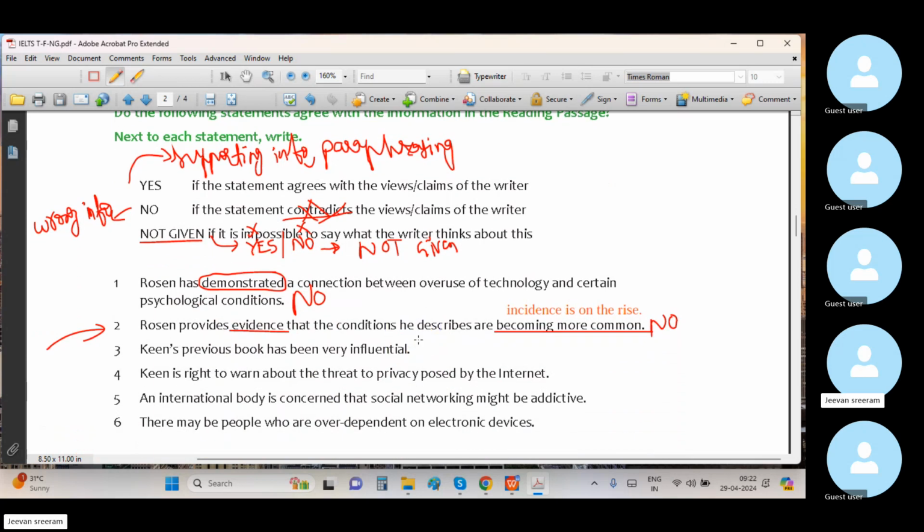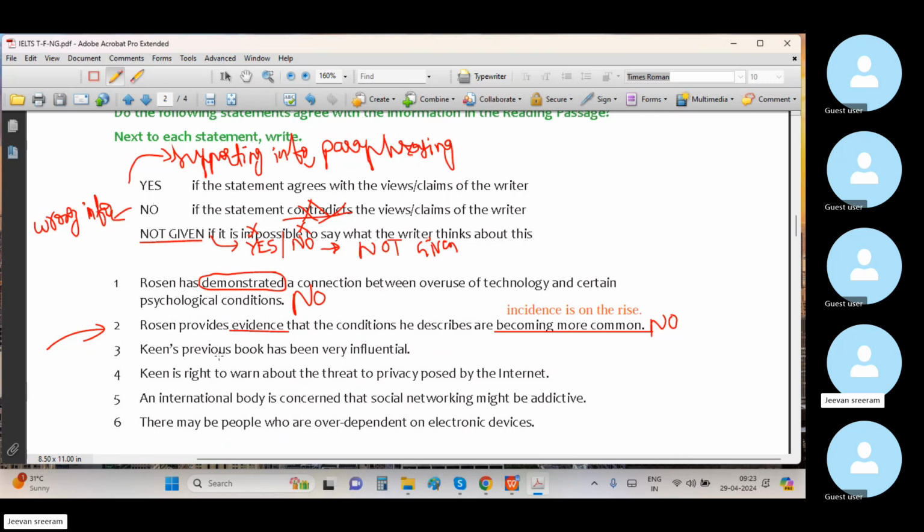Of course, the author clearly found flaws in his book. It doesn't mean that the author felt the book cannot influence the people. The author actually finds flaws in Keynes' book, right? Yes, sir. So as the author found flaws in Keynes' book, you can't say it is not influential.